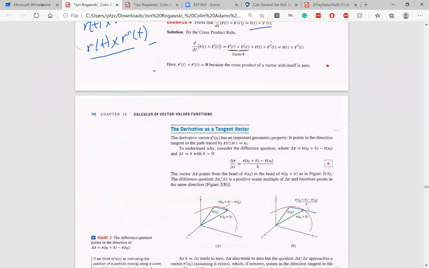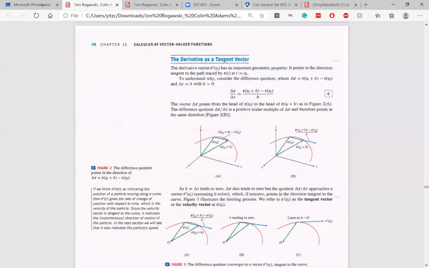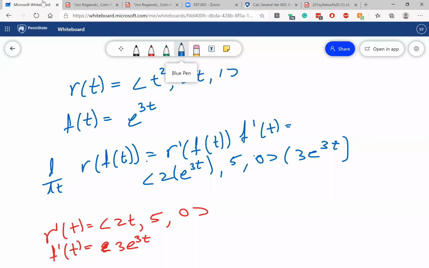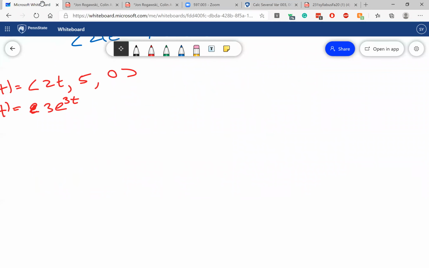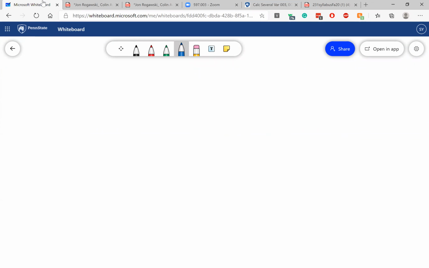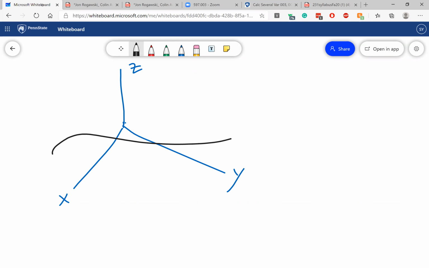So now the derivative in our situation does something very similar to what the derivative did in Calc 1. So here's a curve, and I look at the derivative at this point.